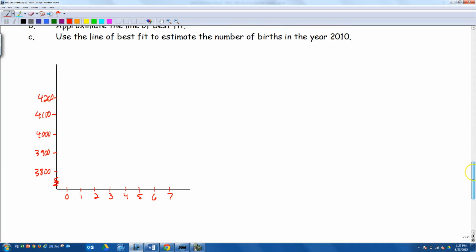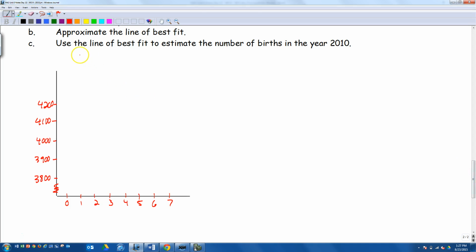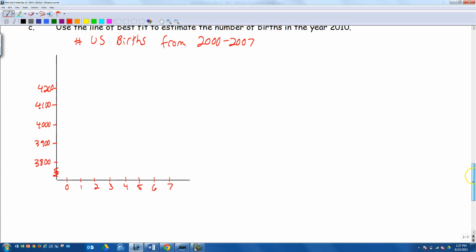And with graphs, it's always good to label them. So this would be number of U.S. births from 2000 to 2007. Depending on when you're watching this video, you might be one of these births. I think we're getting close.